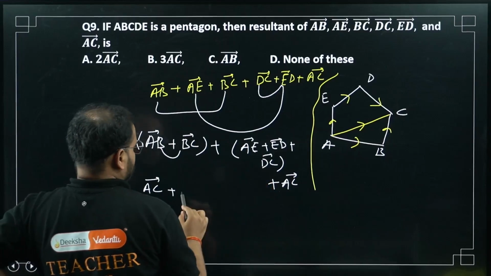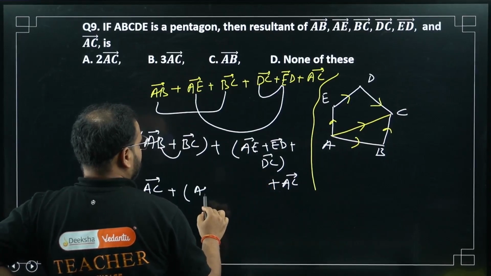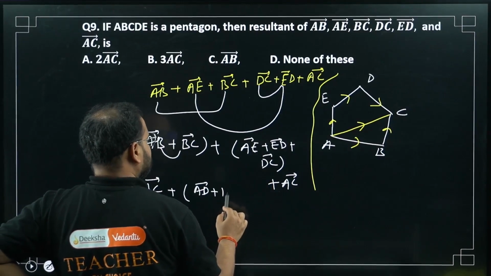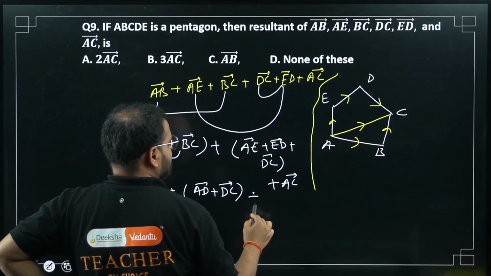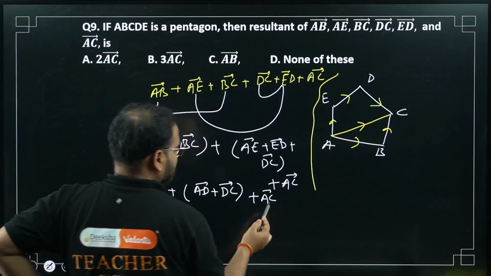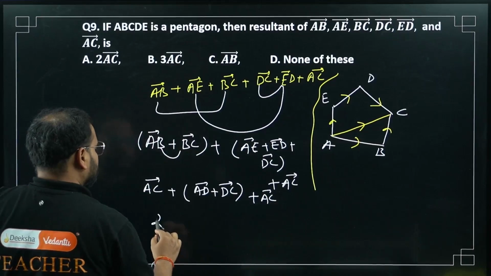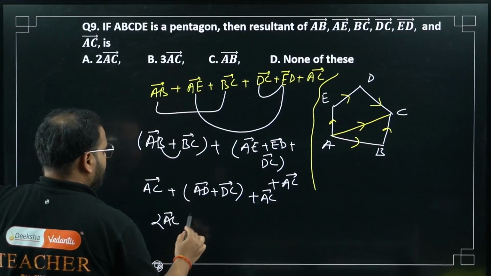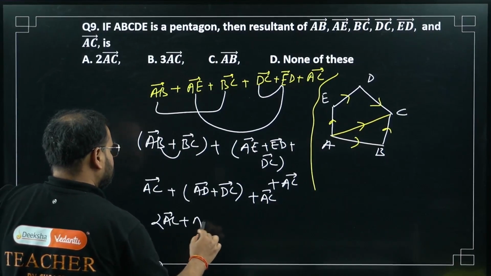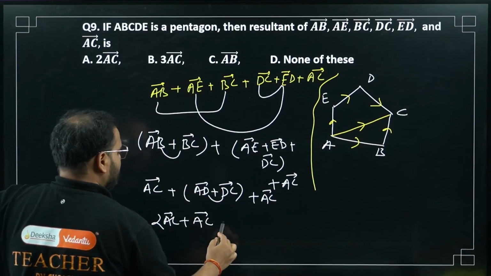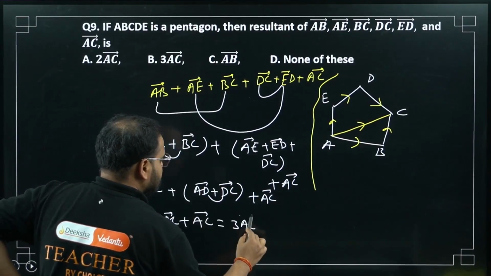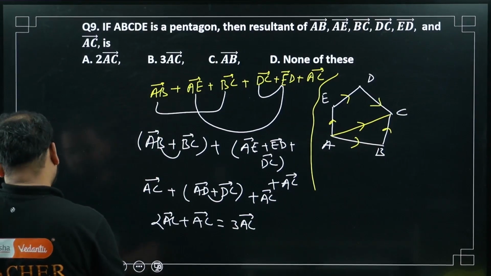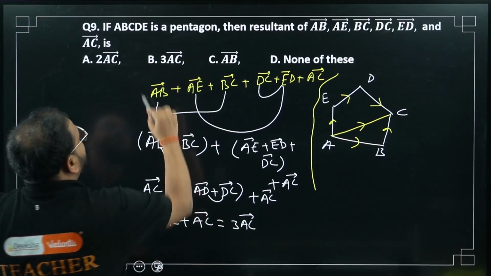AE plus ED, AE plus ED is what, bacha? AD. Write it like this. And DC over here. This is simply AC, right? Please club this AC and this AC together. So 2AC. AD plus DC is what again? AC. Club them together. What is the answer? 3AC. 3 vector AC. Option number B.